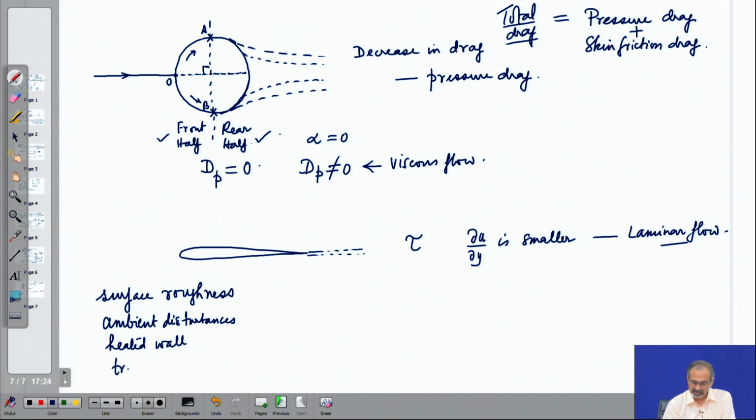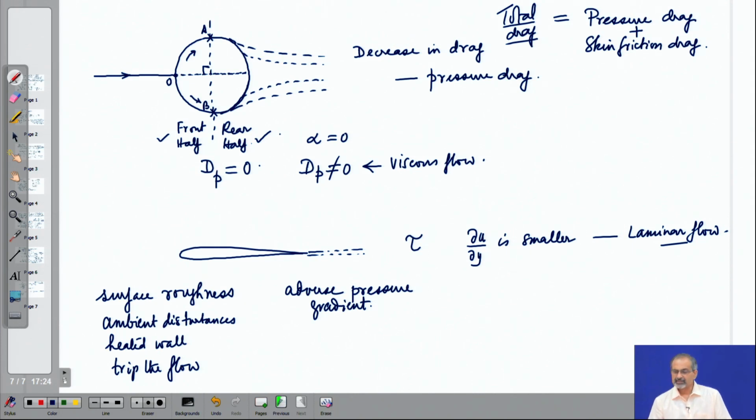You can also trip the flow by putting some small obstacles on the surface, and turbulence will happen immediately. So, these are things which can augment turbulence. Additionally, adverse pressure gradient triggers turbulence earlier.